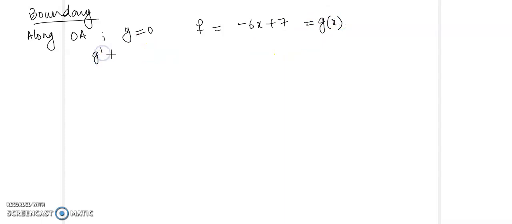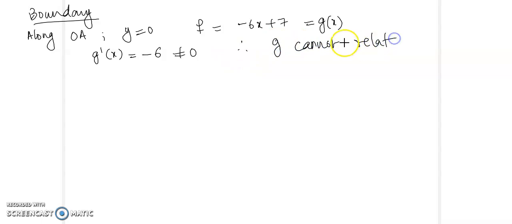Then g dash of x will be minus 6, not equal to 0. The first derivative is not equal to 0, therefore g cannot have relative extrema. So along the boundary OA there is no relative extrema.